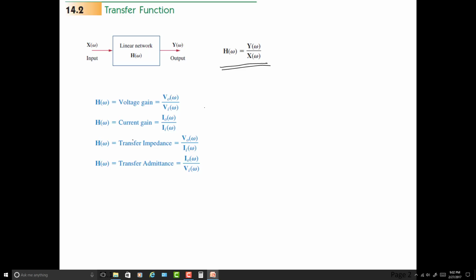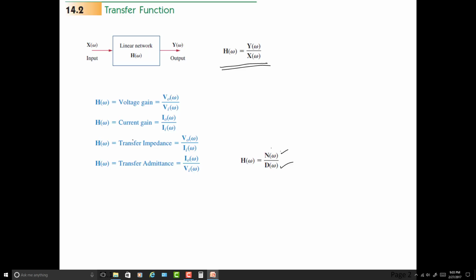So these things happen, and we can in general say that the transfer function will have a numerator as a function of omega and a denominator as a function of omega. Sounds kind of trivial, I know, at this point, but we'll soon be putting a lot of legs on that beast.